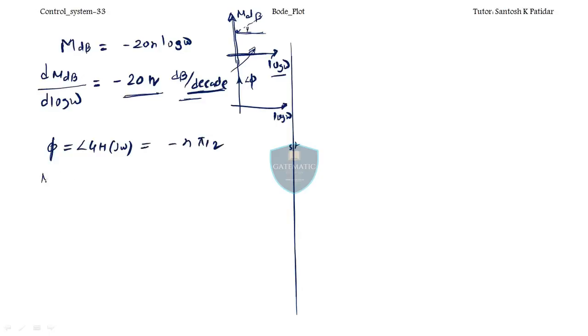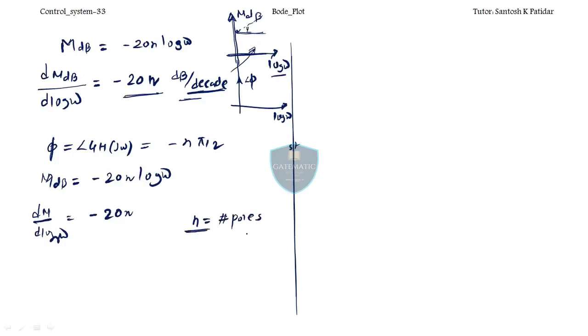Your magnitude in dB you got is minus 20n log omega. The slope, dM by d log omega, you got as minus 20n, where this n denotes the number of poles at origin, isn't it?